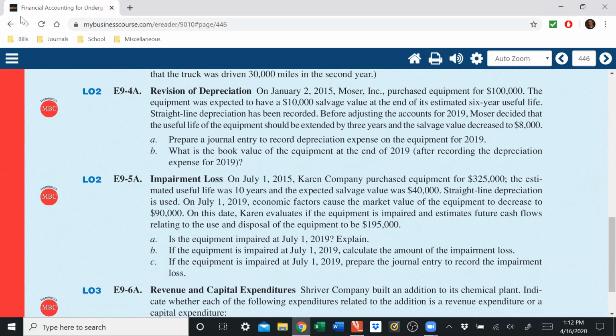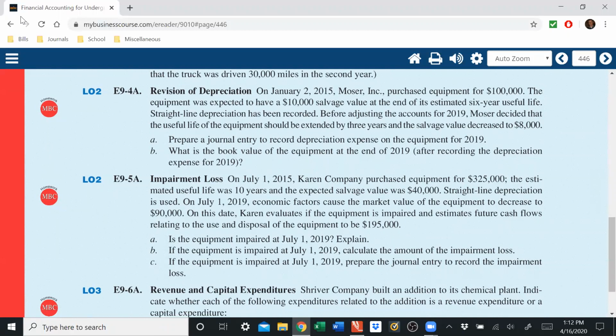Before adjusting the accounts for 2019, Moser decided that the useful life of the equipment should be extended by 3 years, and the salvage value they estimated to be $8,000. The salvage value is what they think they could sell the equipment for at the end of its useful life.